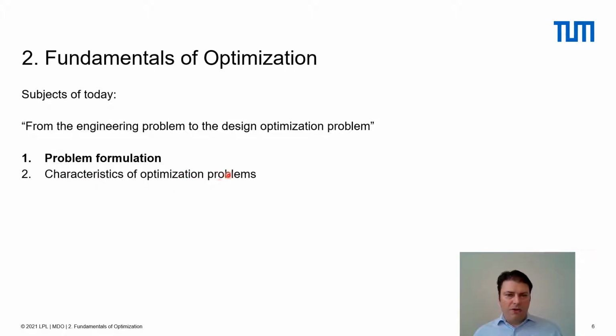And the overall theme for today is from the engineering problem to the design optimization problem. So that means how to translate something that the engineer wants to have solved into something an algorithm can solve for you.